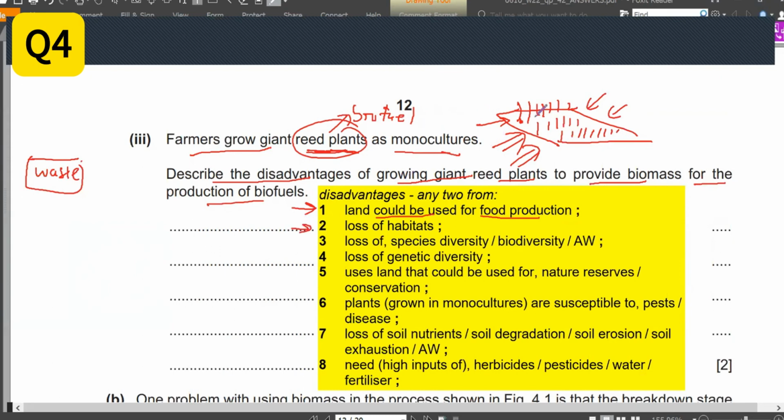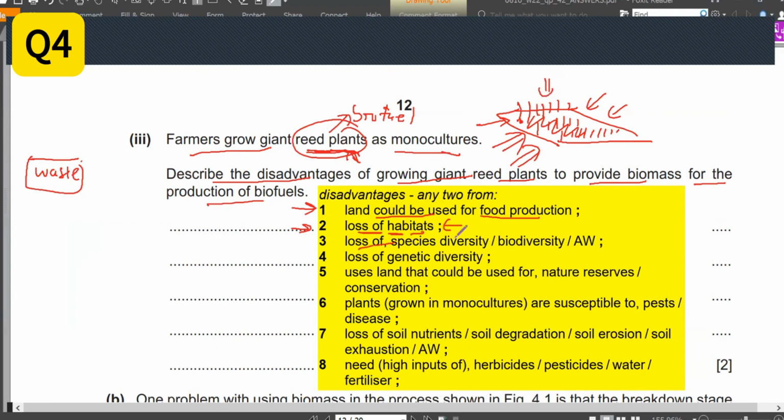Loss of habitat. So we clear out the land. Let's say we clear out the forest for these reed plants. So the forest is gone. The animals and plants from the forest are losing their habitats. So they may die off. All these living things that are supposed to live on that land will die off.